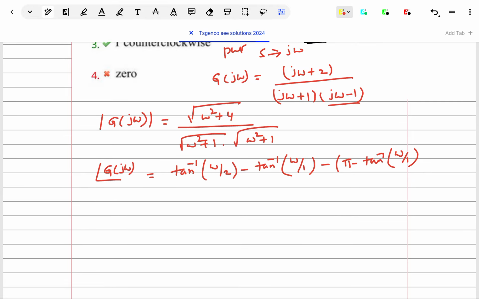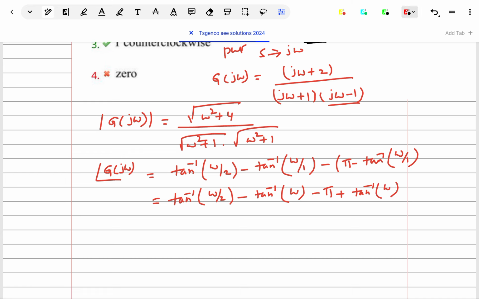If you simplify this, it is tan⁻¹(ω/2) - tan⁻¹(ω) - π + tan⁻¹(ω).